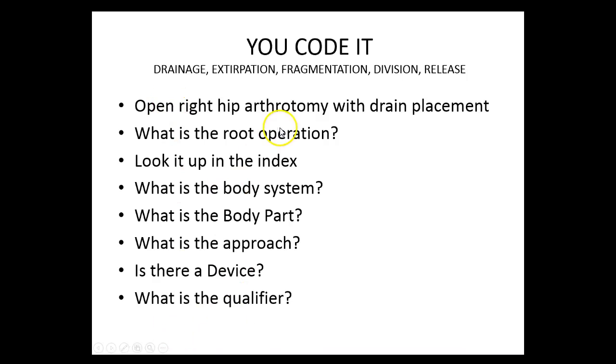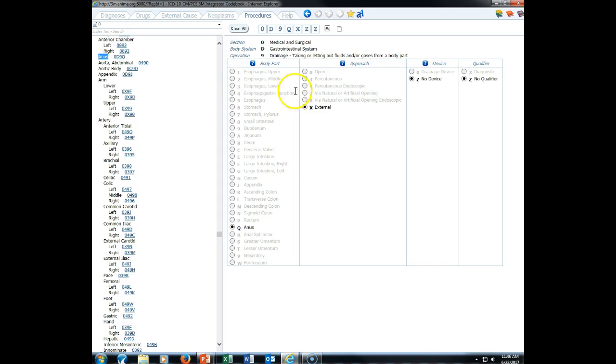So we're going to be doing drainage, joint, hip. We're leaving in a drain, so our device will be a drain. We don't necessarily know, approach is open, so we don't actually know that this is diagnostic.